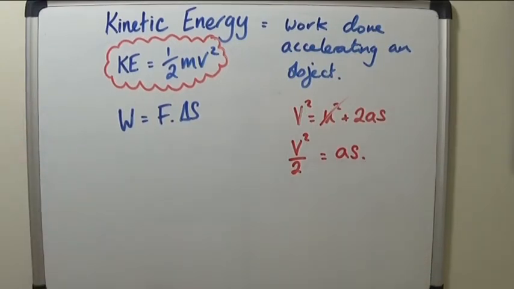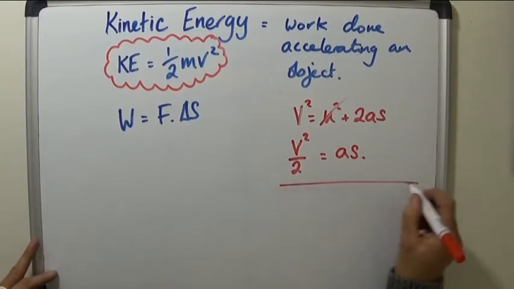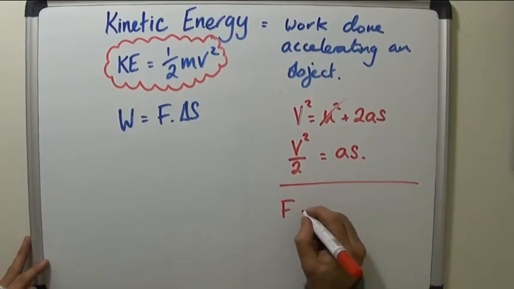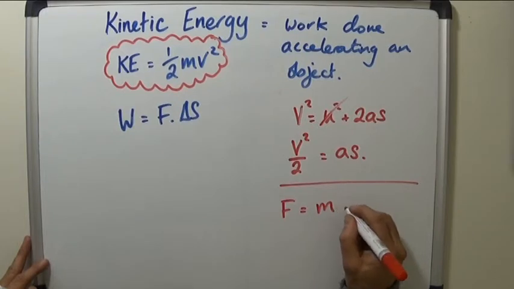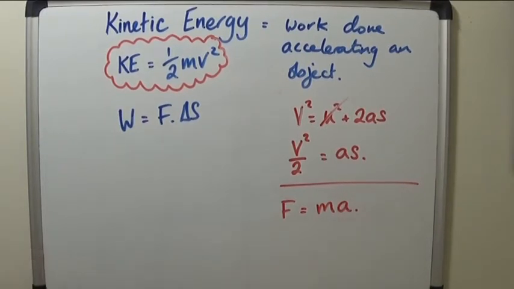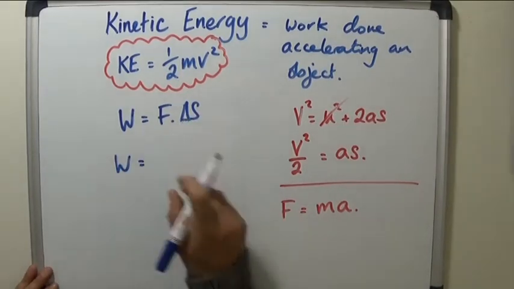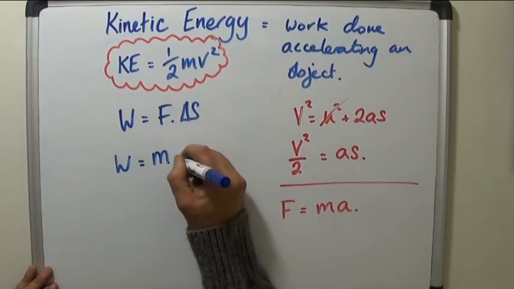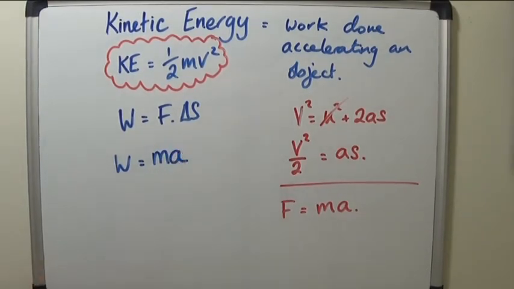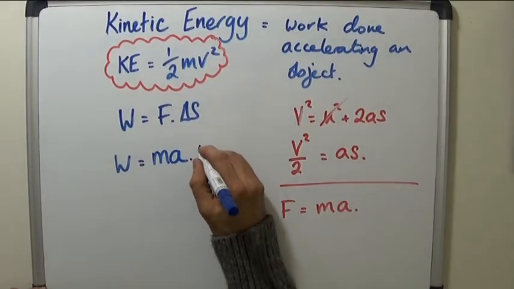That's grand. And then let's think force. What is force? If we think of Newton's second law, we can write F equals ma. That's pretty handy, that will work for us, won't it? So if we substitute this bit in for the force, we get work done equals ma delta s.